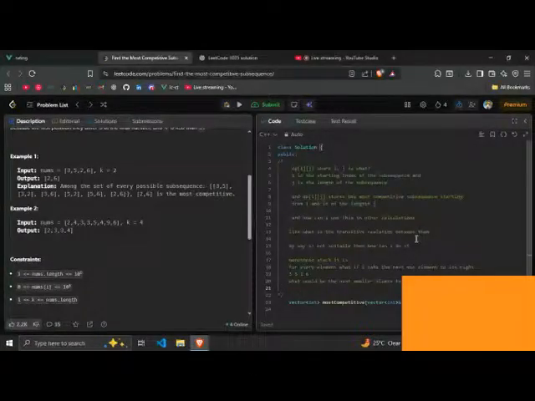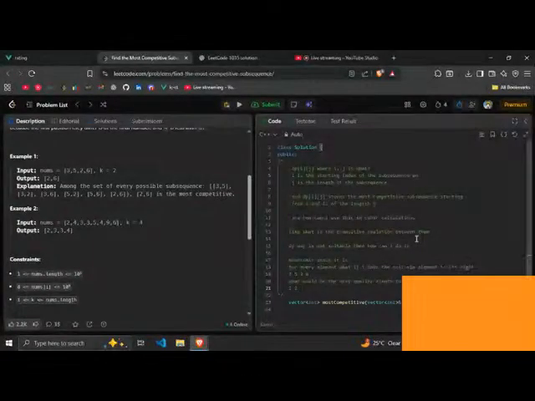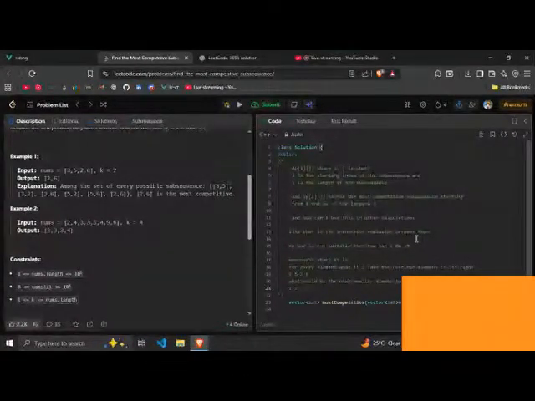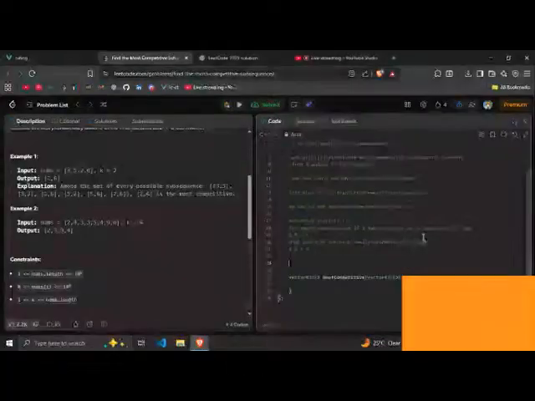For 3, the next smaller element is 2. For 5, that is 2. For 2 it is none, so I would denote that there are no elements. For 6, what is the next one? That is 4. So once I build the next smaller elements to its right, how can I solve this?